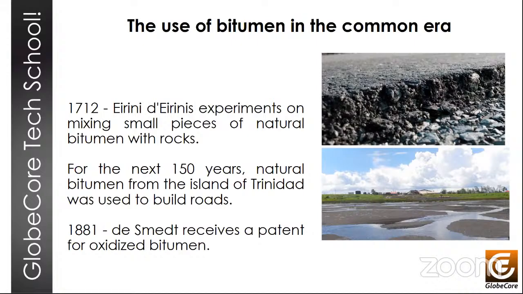However, later humanity discovered the oil distillation process, and so ended the era of using naturally occurring bitumen. At first, mixtures of natural bitumen with oil distillation products were used, and later on, preference was given to distilled bitumen. This was facilitated by the research of Desmet, who in 1881 patented the technology of blowing air over hot bitumen to obtain the so-called oxidized bitumen. Next slide, please.